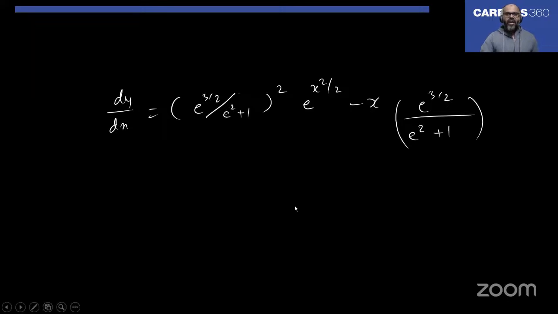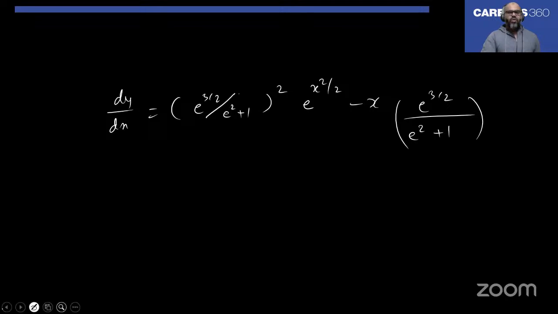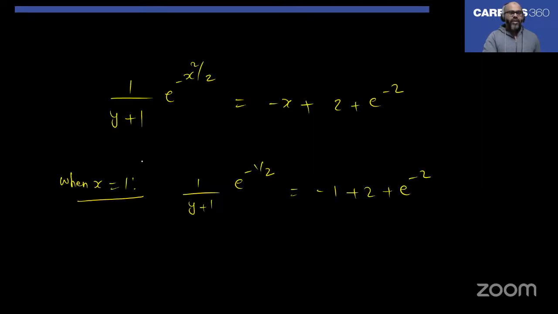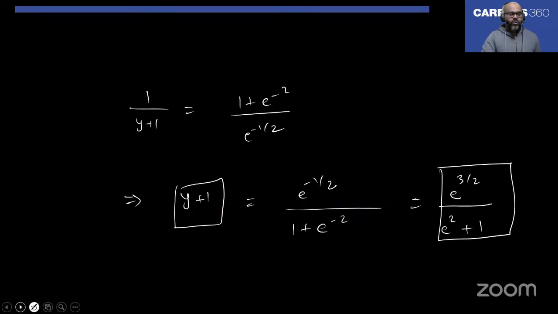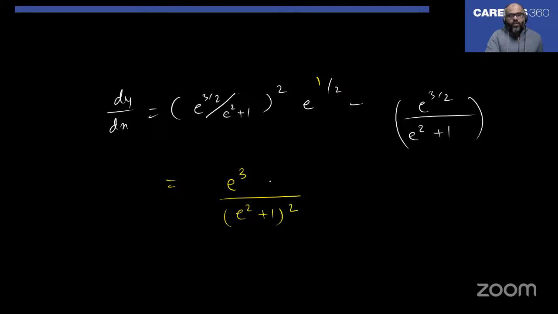This is y plus 1, and x is equal to 1, when we are taking this value of y when x is equal to 1. So x is 1 here, which means you can write this one as 1 by 2, and this is also 1. So this is 1 by 2. So e square, when you take a square of this, e cube, and e square plus 1 whole square into e to the power 1 by 2 it will become.